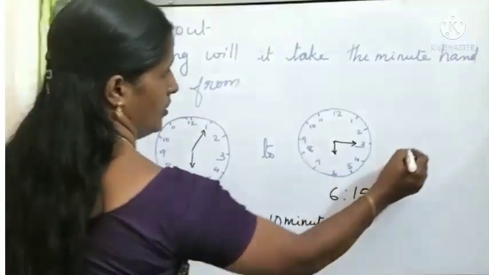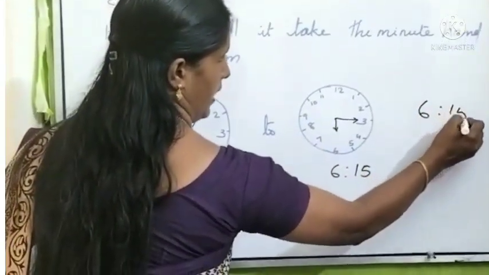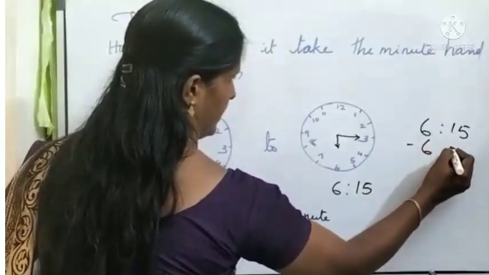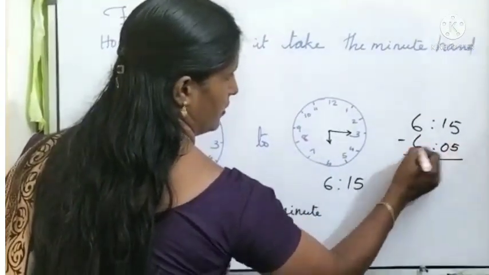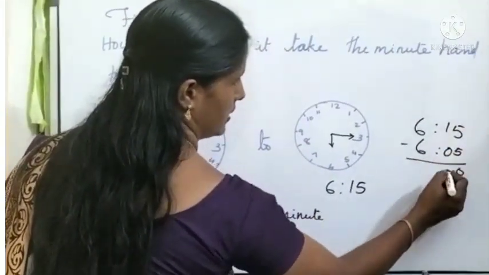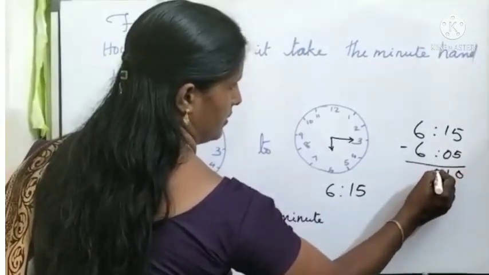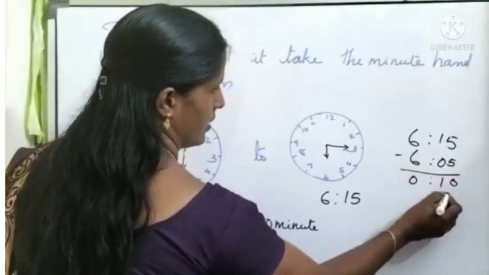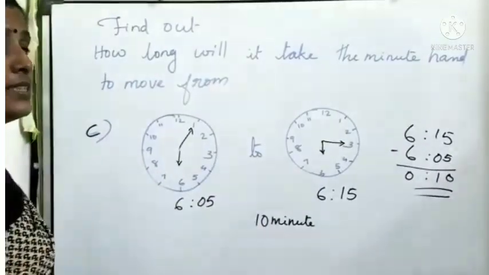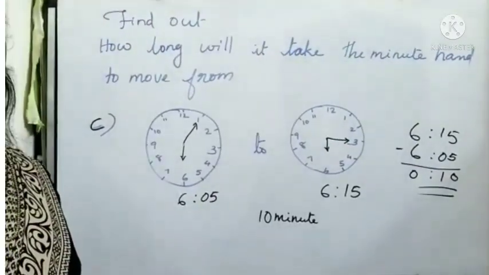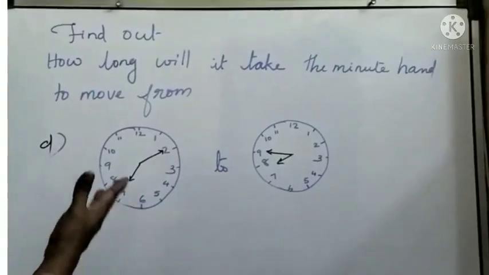Another way: 6:15 minus 6:05. 5 minus 5 is 0. 1 minus 0 is 1. 6 minus 6 is 0. So the answer is 10 minutes. Understand? Move to the next question.